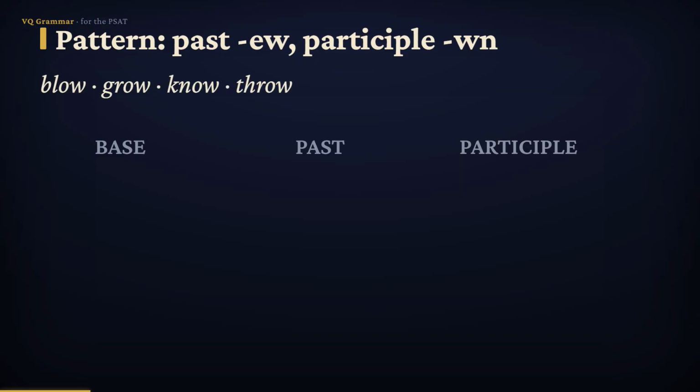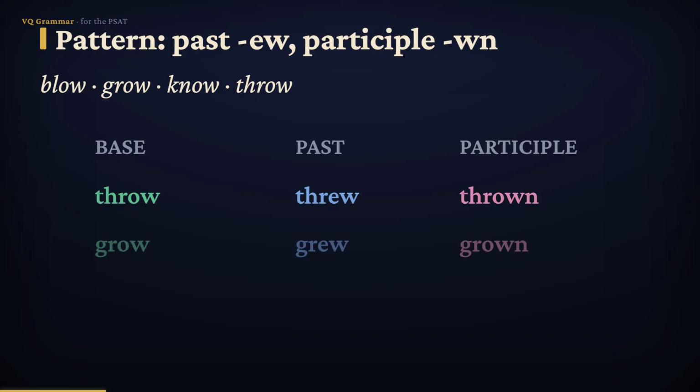Here's the first pattern. The past ends in EW, and the participle ends in WN. Throw, threw, thrown. Grow, grew, grown. Know, knew, known. You'll also see blow, blew, blown.